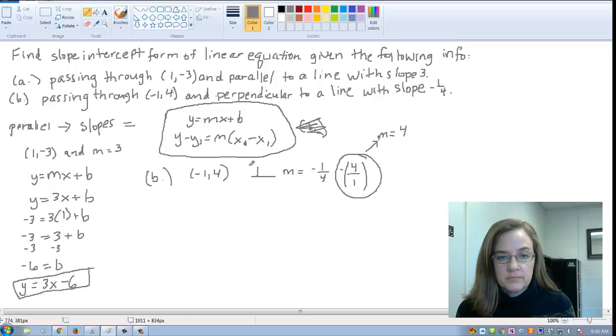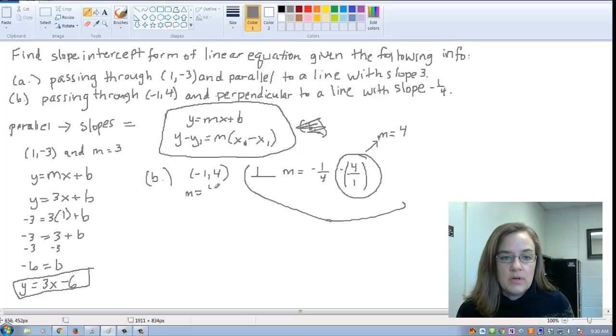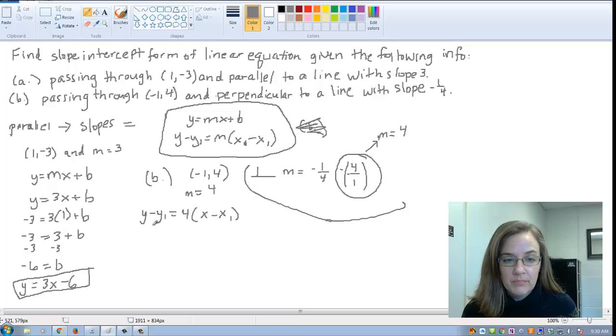So now I'm using m is 4. That's the perpendicular slope. And I'm going to use this longer equation. I think some students prefer this because you then get to put everything in at one time. So I'm going to plug in, this is going to be my x1, this is going to be my y1.